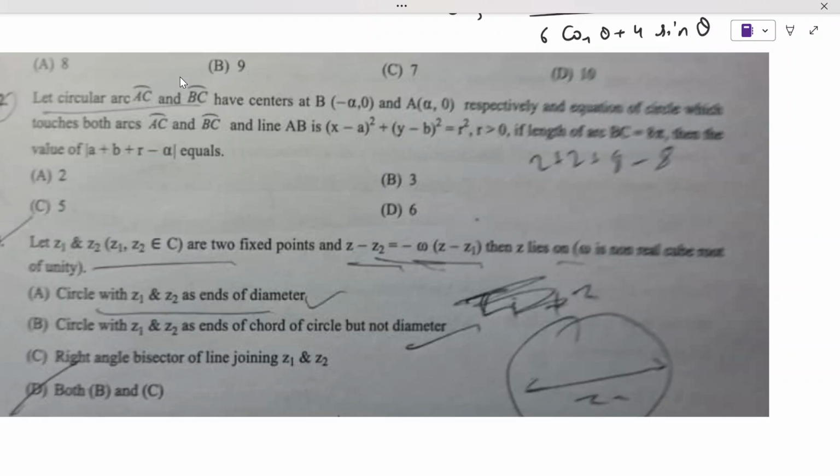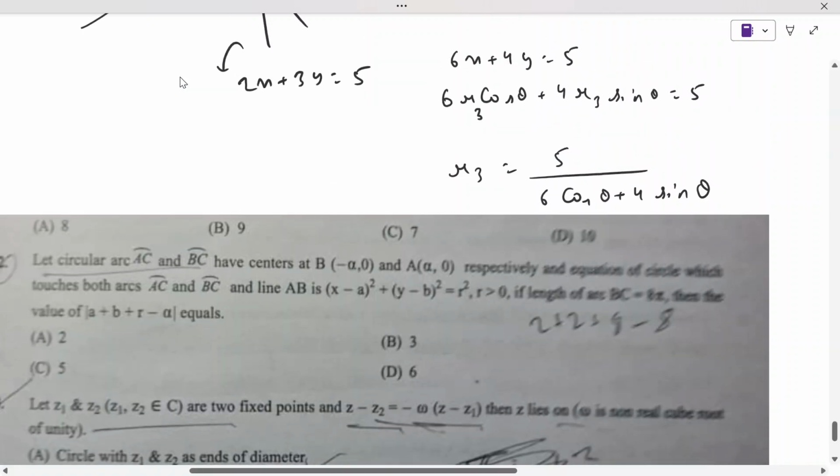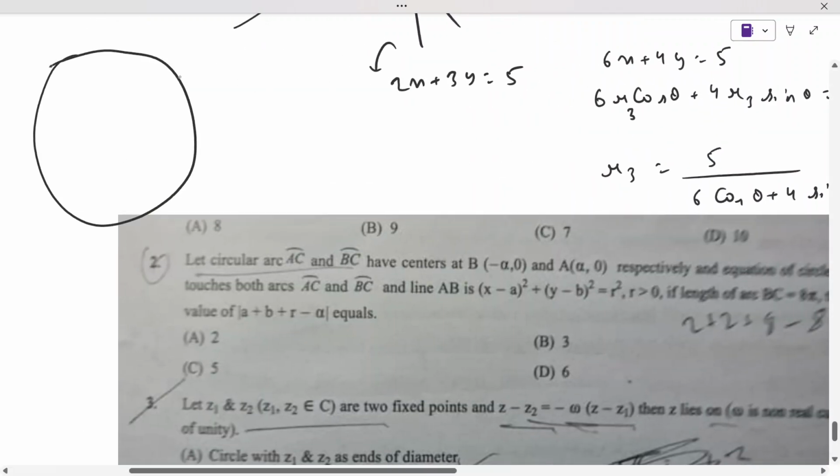So first thing, we have two circles, AC and BC, and the center is at B. Let the circular arc AC and BC. Arc means arc, right?